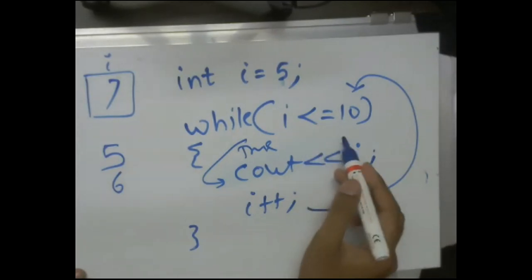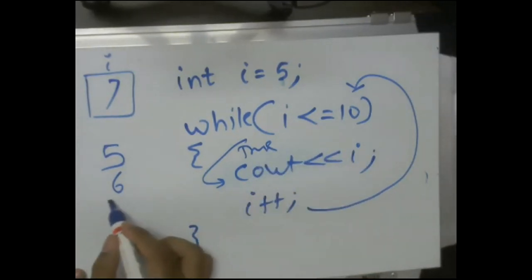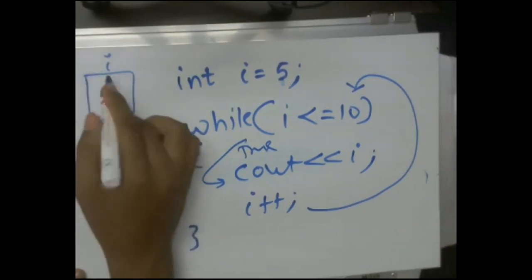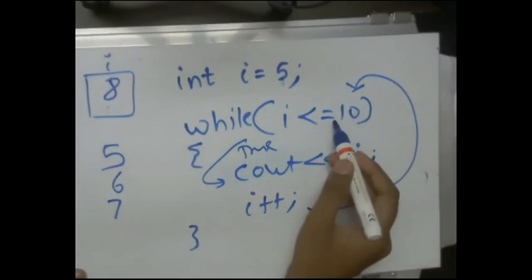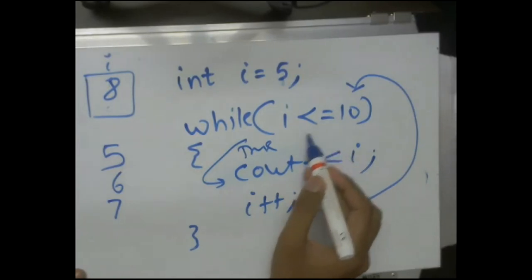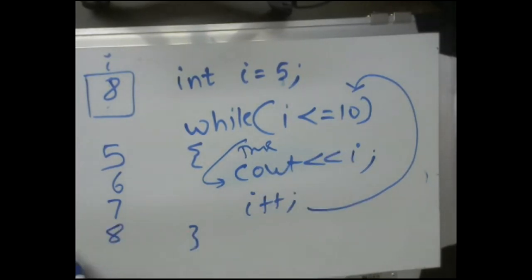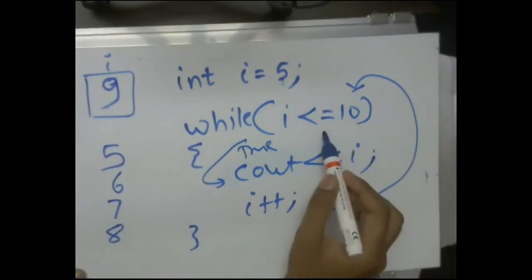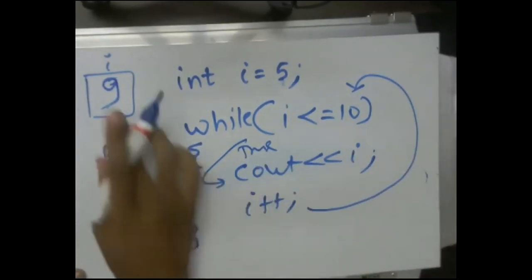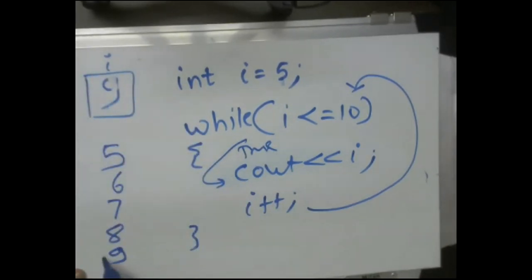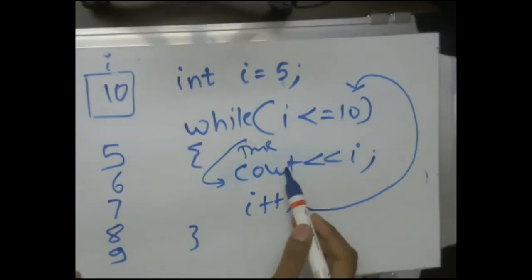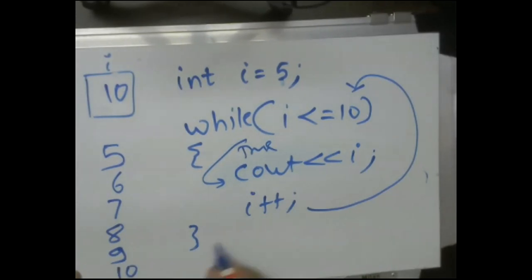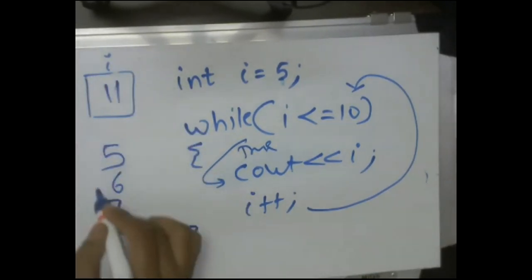Again the condition is true, 7 gets printed, I becomes 8, again the condition is true, 8 is printed, again I plus plus, again the condition is checked and true, 9 gets printed, again I plus plus, so 10, the condition is true, 10 is printed, I plus plus, I becomes 11.